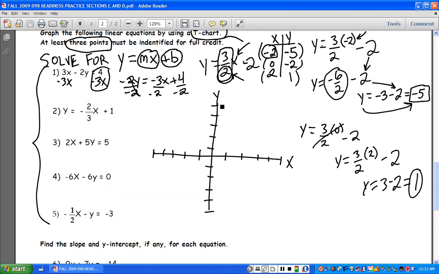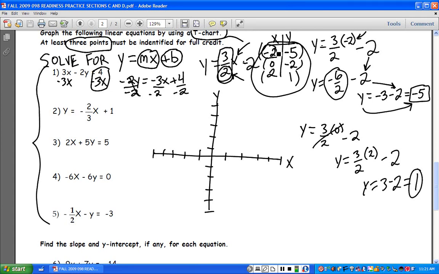I'm making sure I have 5 because when I look at my set of points, the biggest number, when we think in absolute value terms, the biggest number out of all of these is this 5 right here. Even though it's negative, that's the farthest distance from 0. So since 5 is the biggest number out of all the numbers in my 3 points, I want to make sure my graph has 5 hashes.